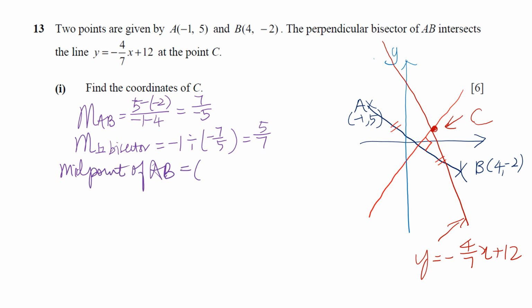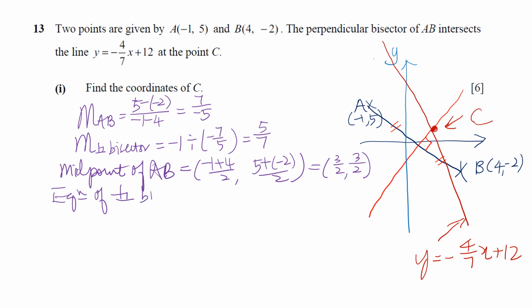The formula is x1 plus x2 divided by 2, so negative 1 plus 4 divided by 2, and y1 plus y2 divided by 2. That gives you 3 over 2. Right, with the gradient and the midpoint, I can just go ahead and find the equation of my perpendicular bisector.